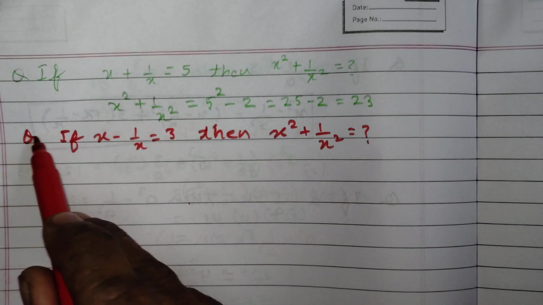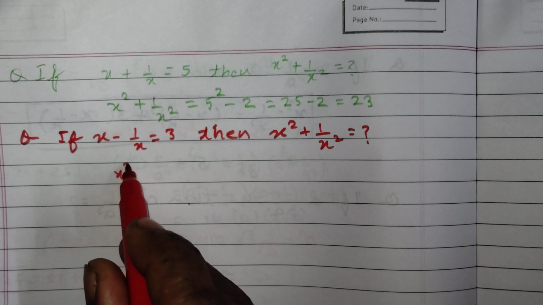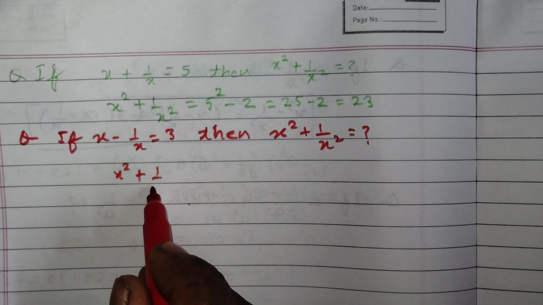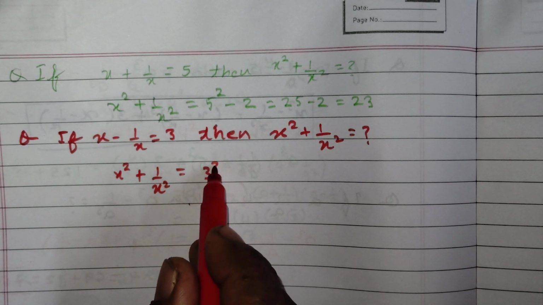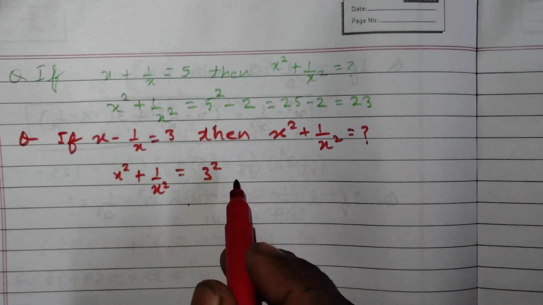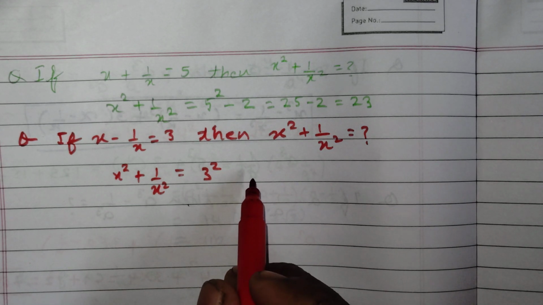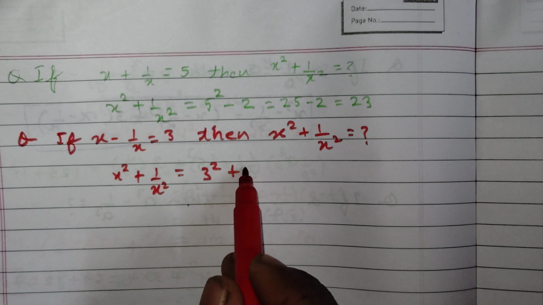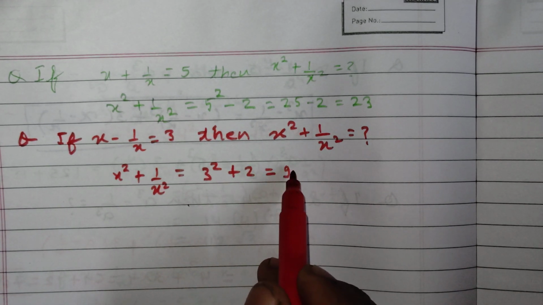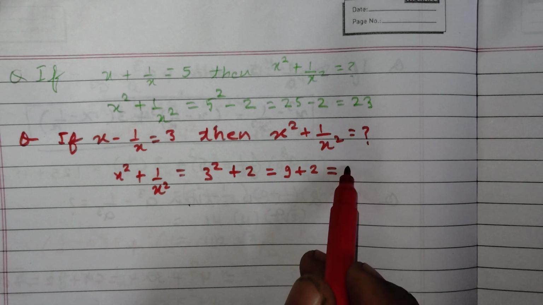So in this question we use the identity: x square plus 1 upon x square equal to, we write 3 square, then the opposite of this sign, it means plus 2, we write down. So 3 square is 9 plus 2, it gives us 11.